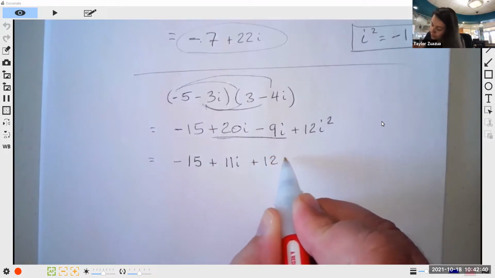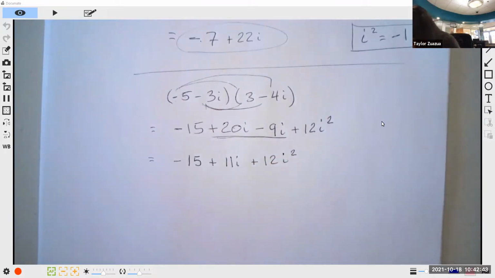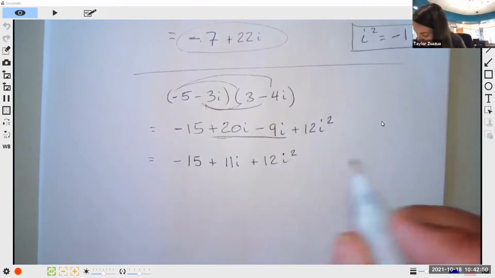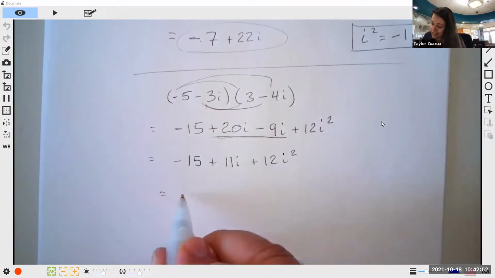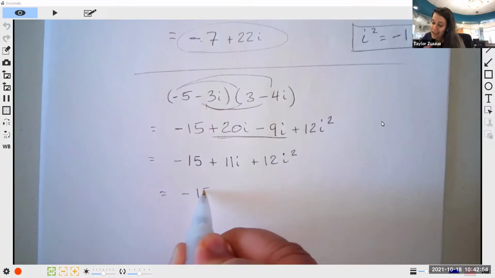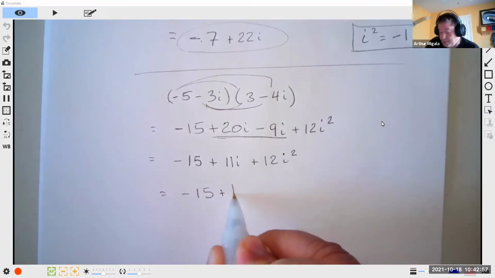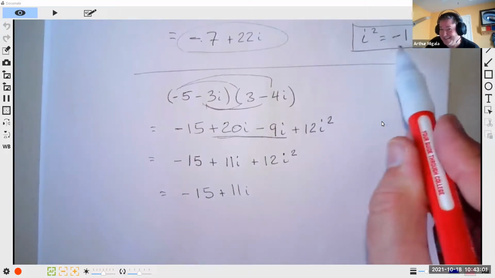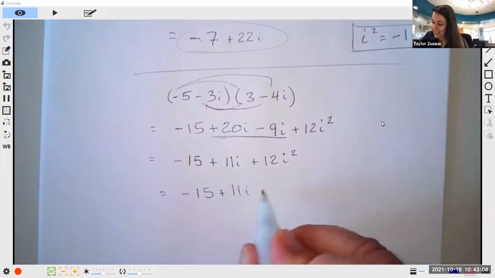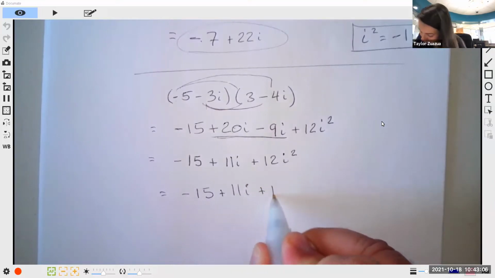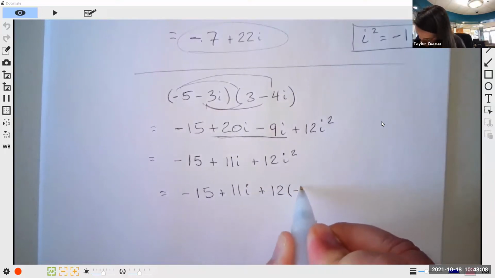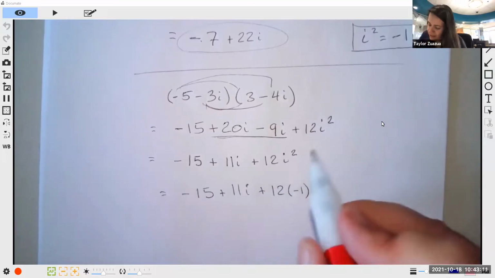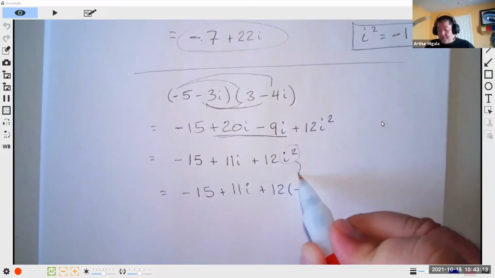Plus 12i squared. But there can't be a 12i squared, so I squared becomes -1.